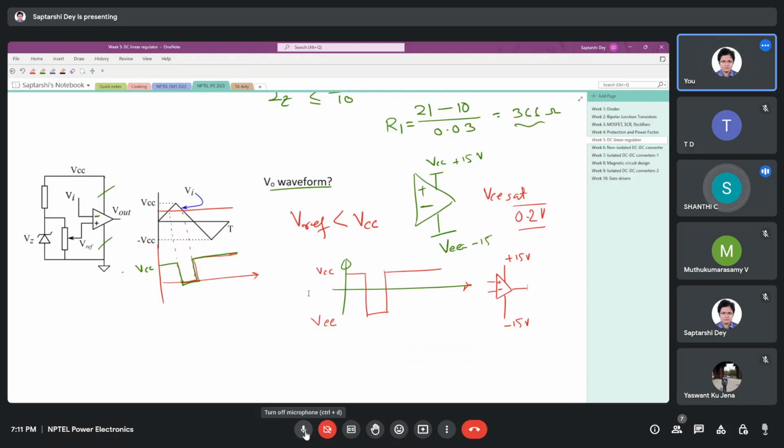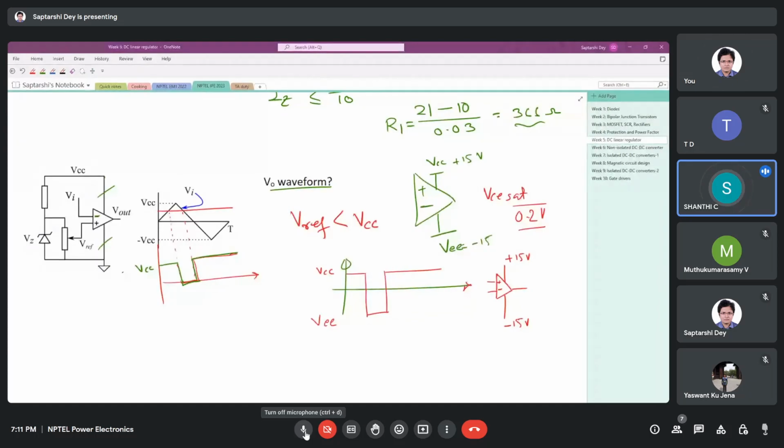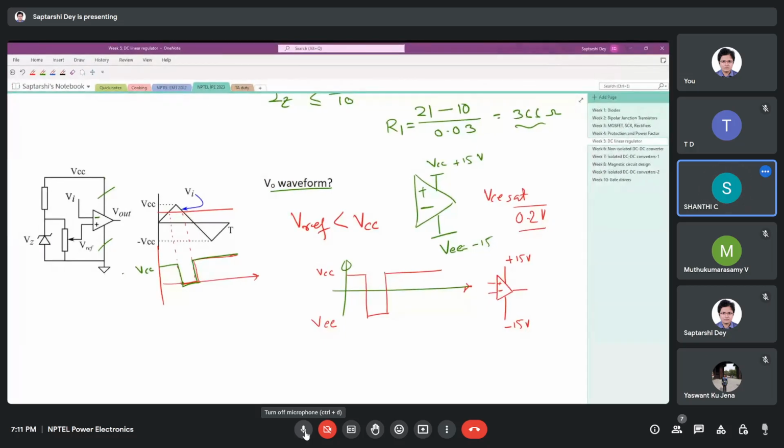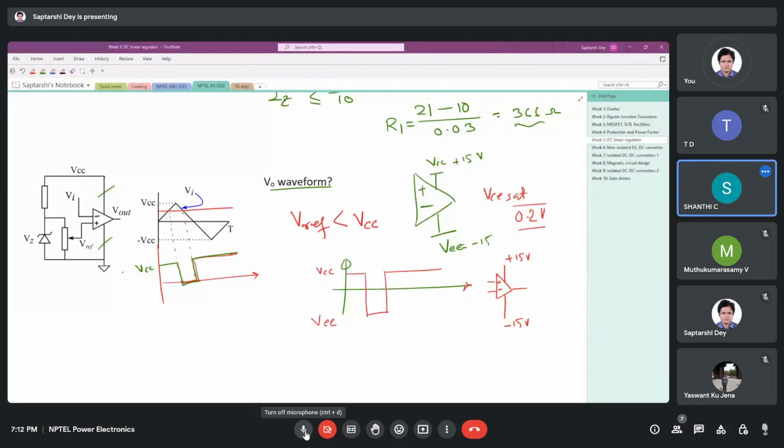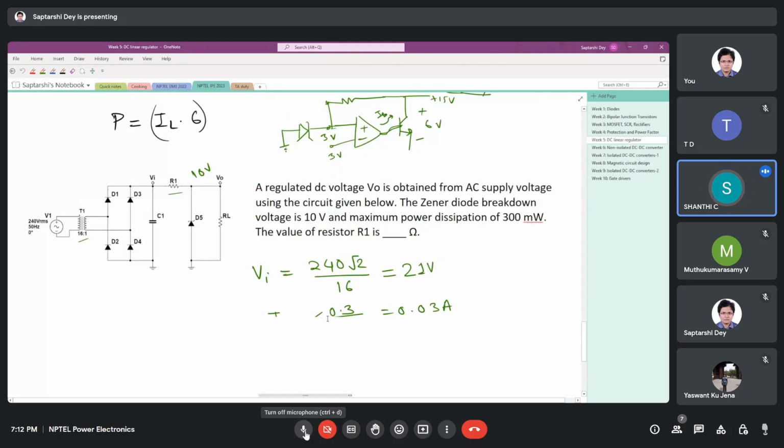Sir, in assignment number 5, the previous assignment, last week's assignment, the eighth question: 230 volt 50 hertz power supply and a resistive load of 100 ohm, estimate the power factor in a full bridge rectifier without any filter, and the peak current through the diode is 5 amperes.